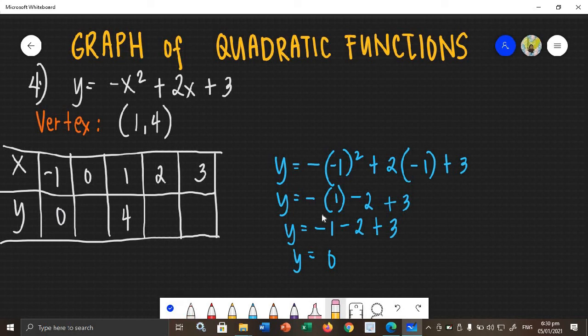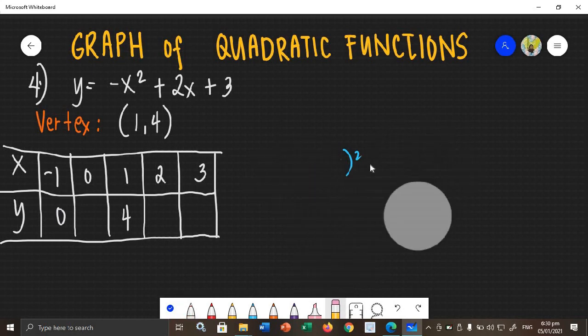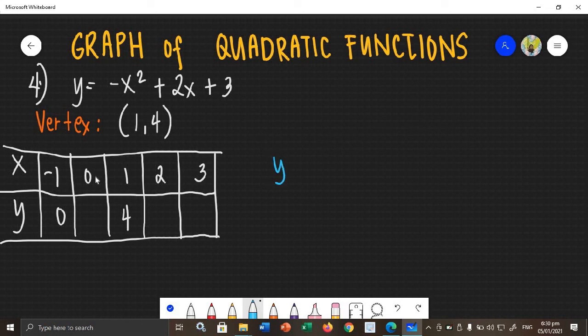Okay? And then, for the second y-coordinate, let's substitute the second x. Am I saying y-intercept, y-coordinate? I'm so sorry. So, the second x-coordinate is 0. So, we substitute 0 for all the x's in the given function. So, we have negative 0 squared plus 2 times 0 plus 3.